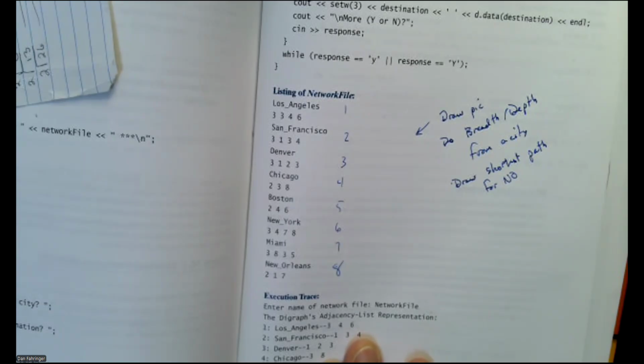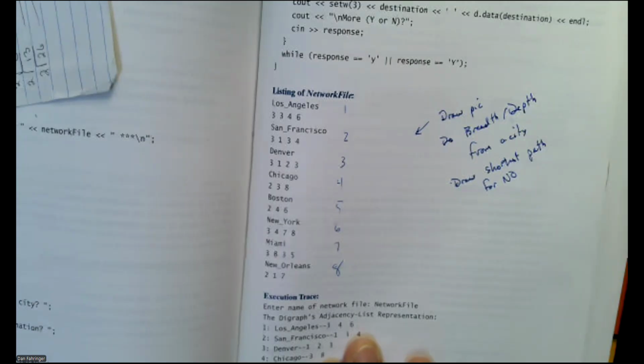The first number is how many arcs there are, how many cities it connects to. It's going to connect to three cities. It's going to connect to Denver, which is the third city. That's why I have that blue column. It's going to connect to Chicago, and it's going to connect to New York City.